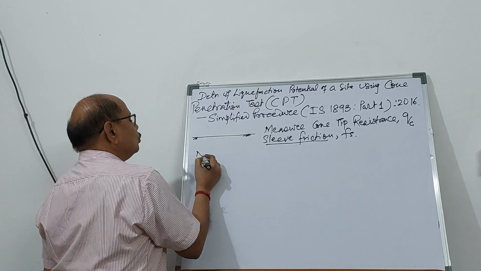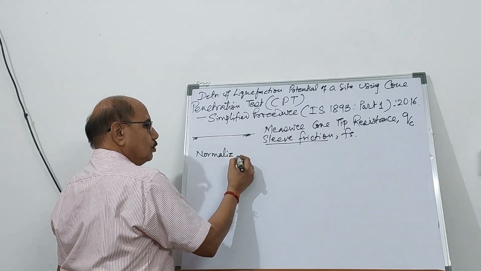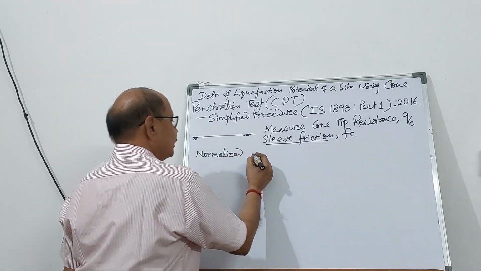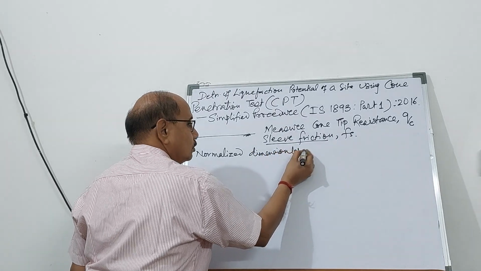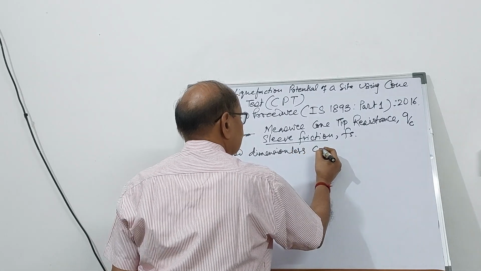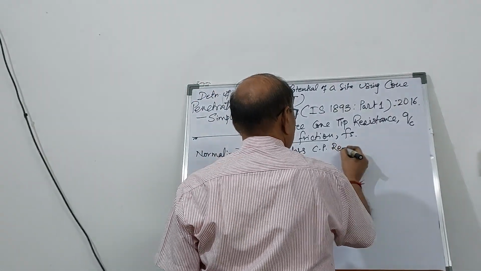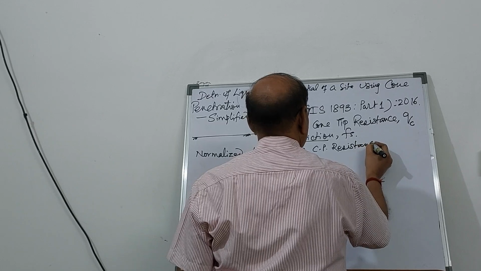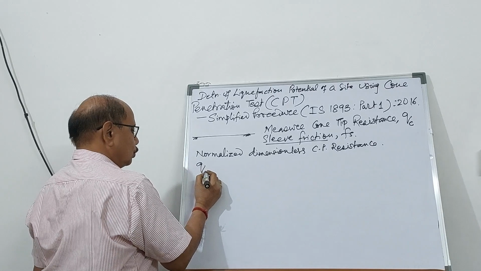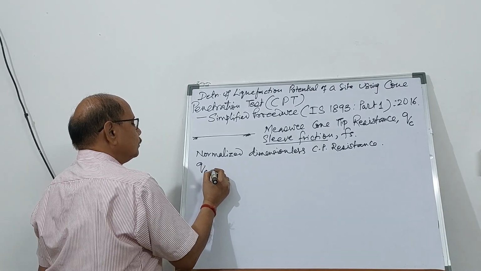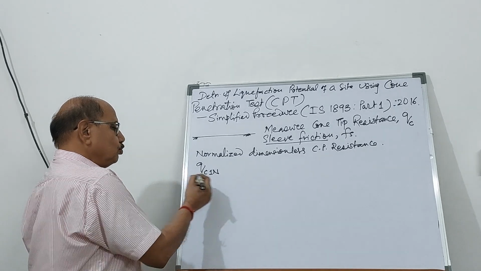So you will have to go for normalization, or normalized dimensionless cone penetration resistance, which we call QC1N.